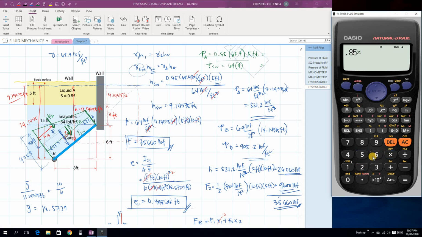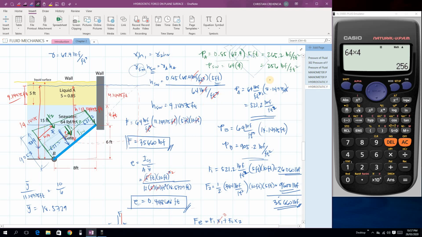Okay. So, pag in-add natin yung dalawa na yan, 0.85 times 62.4 times 5. So, meron tayong 265.2. So, that's pound force per square foot. Then, 64 times 4. So, meron tayong 256 pound force per square foot.